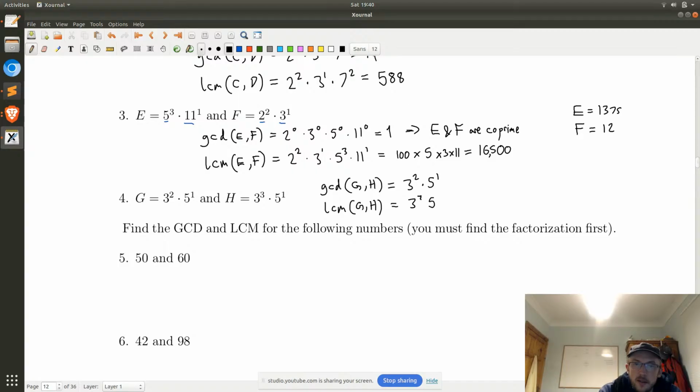In this case, it's a 3 and a 1. And we compute, and we get 45. And 27 times 5, which is 135. And when we compute the numbers themselves, because of course you would notice that this actually is H, and this here is G. So we get this.